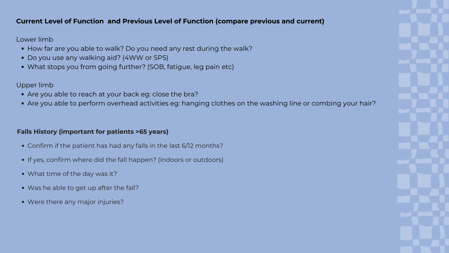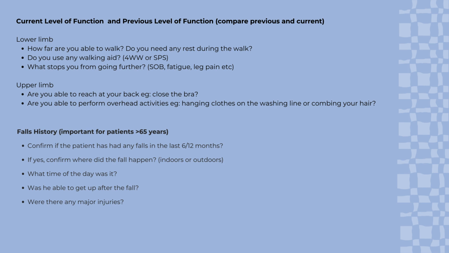Now again, you have to make sure that when you are asking this question, and I'm just thinking that at times we may ask questions which may make us sound stupid. So let's say a 25-year-old female or male who's saying that he was playing basketball, and you ask him, okay, how far were you able to walk before you had this injury?